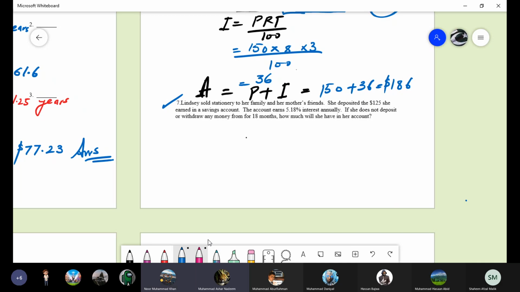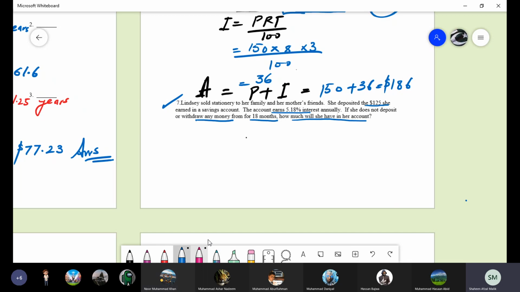She deposited the $125 she earned in a savings account. The account earns 5.18% interest annually. If she does not deposit or withdraw any money for 18 months, how much will she have in her account? That means you have to find out the amount after 18 months.